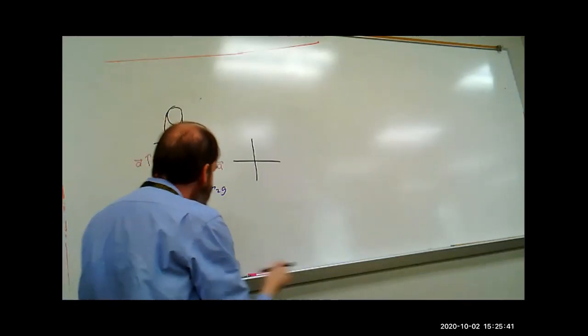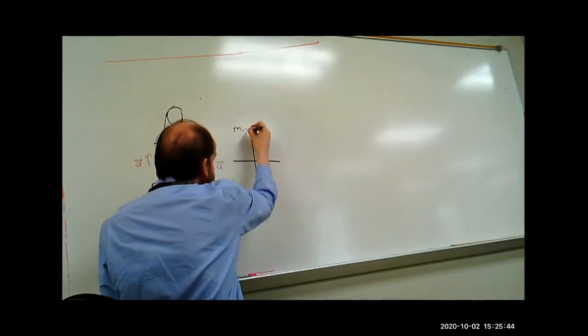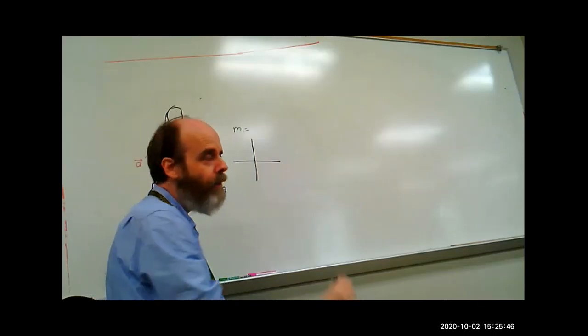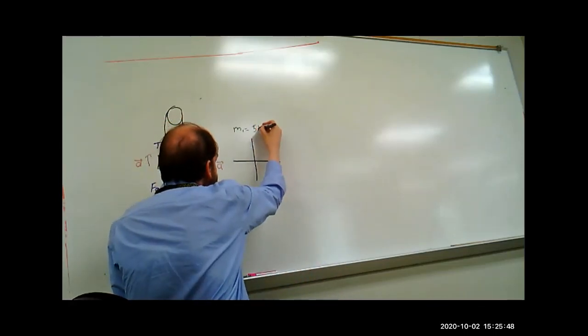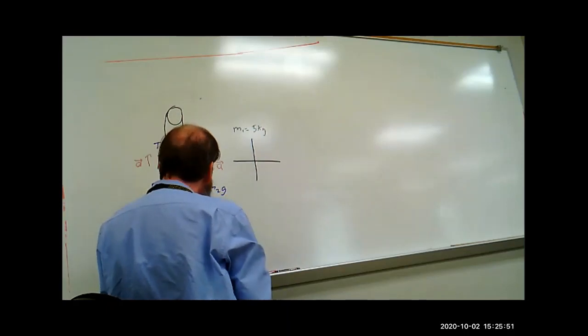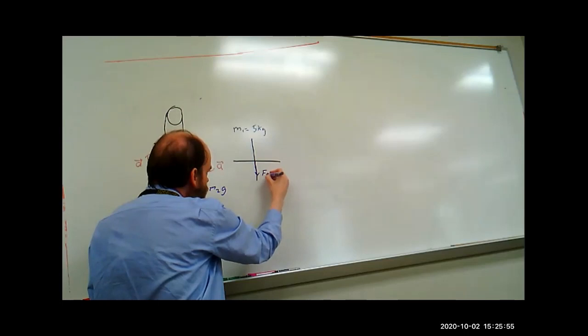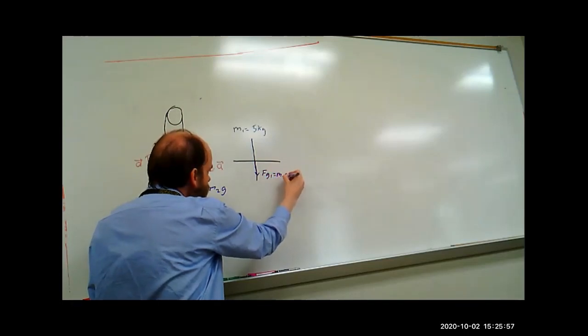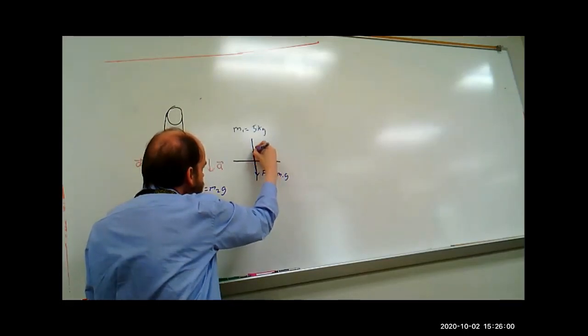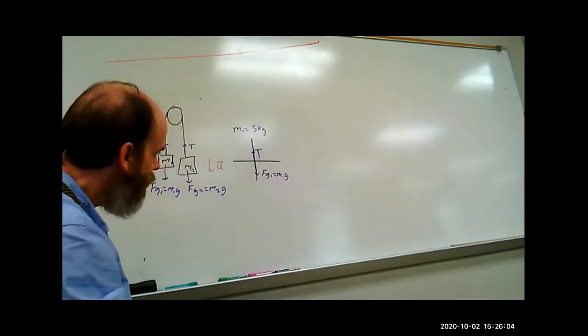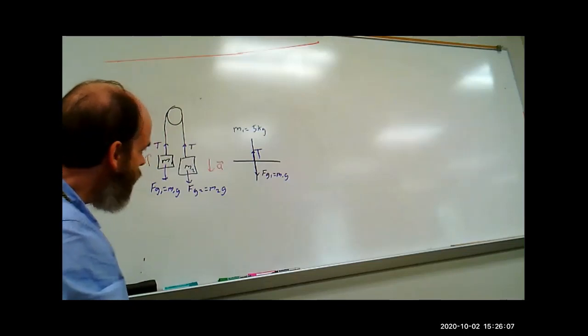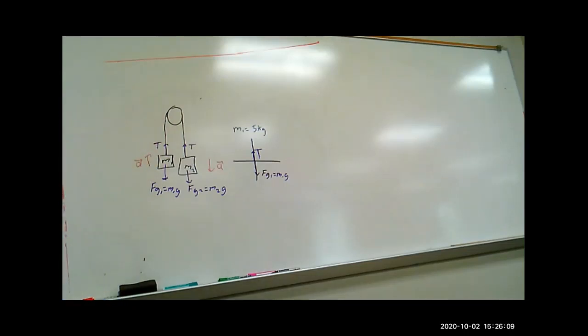So for M1, they said M1 is 5 kilograms. So we got force of gravity 1, which is M1G. We have tension going up like that. Actually, did I do that right? Does force of gravity 1 have a larger magnitude than the tension?